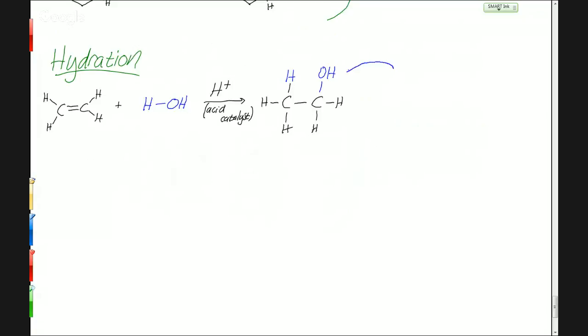Now an OH on an organic molecule is called an alcohol group. The common molecule we think of as alcohol, like drinking alcohol, is ethanol, which is this particular molecule. But any organic molecule with OH groups on it, that's called an alcohol group. That's where that comes from.